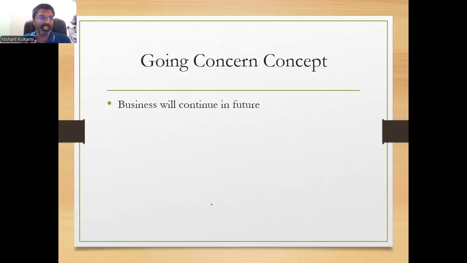Going concern concept. This is a very important concept, going concern. Now what this concept means is that the business will continue for the foreseeable future. That means the future which you can see, like 5 years, 10 years, 20 years, you assume that the business is going to continue.